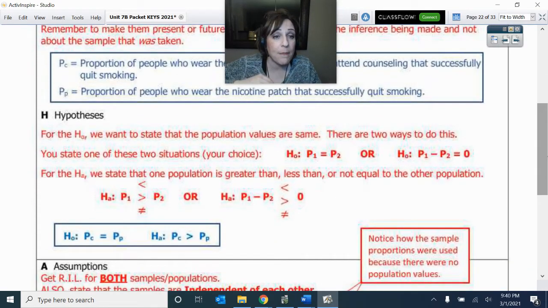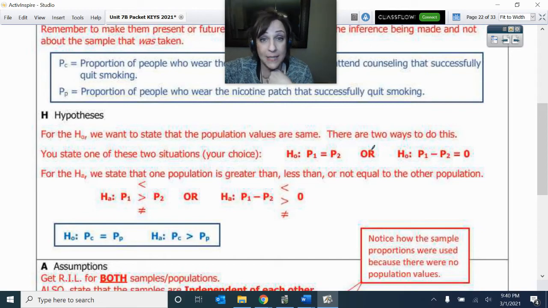So for our hypothesis statements, remember that our null hypothesis is always that those two are equal to each other. Now, you actually have an option of how you can write these hypothesis statements out. One of the ways is the null hypothesis is setting those two particular proportions equal.